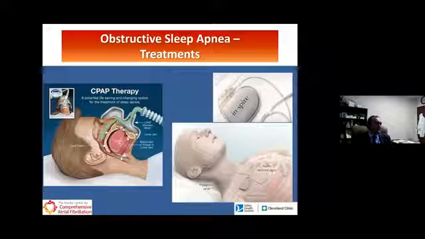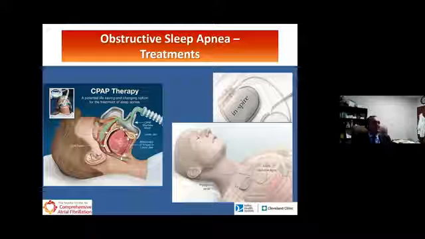There are some people who are not able to tolerate this CPAP machine, and the solution is a pacemaker-like machine that goes under the skin. It's called Inspire, and it's implanted by an ENT physician, and a lead, a wire, is tunneled to the nerve that innervates the tongue.